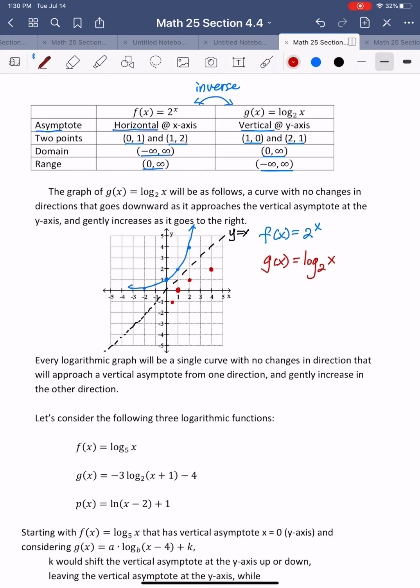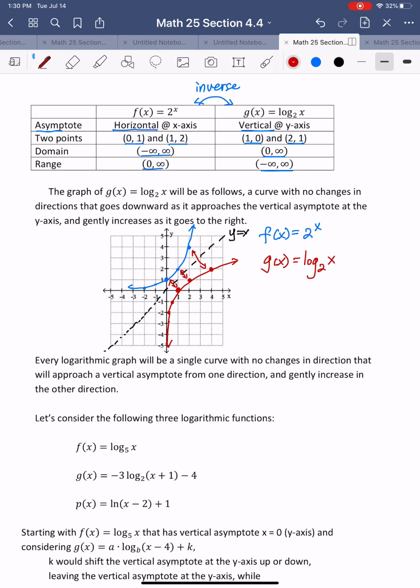And this point is (negative 2, 1/4), and then I put (1/4, negative 2) right here. And then if I connect them, this makes the inverse of the function we have above, okay? So they are always inverses of each other.